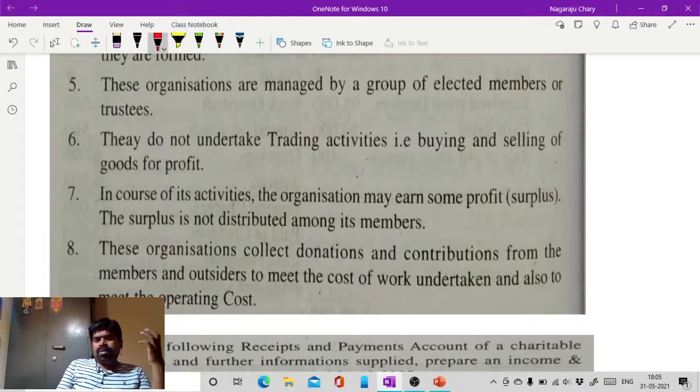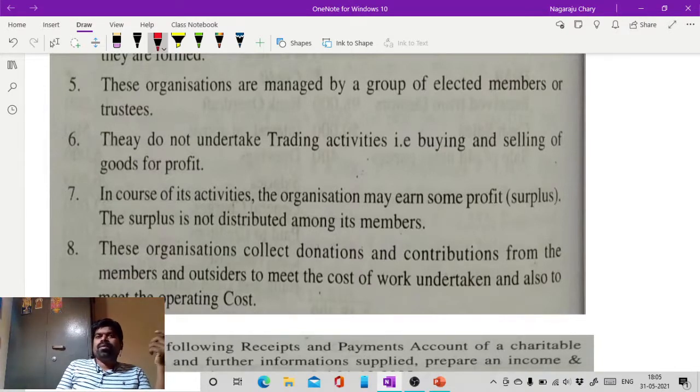If this activity is done, then this type of organization is not to be considered a non-profit organization, because they are expecting profit and doing buying and selling of goods for profit.